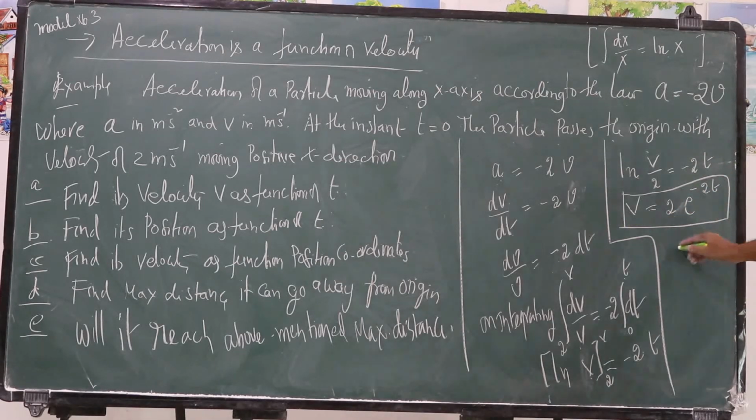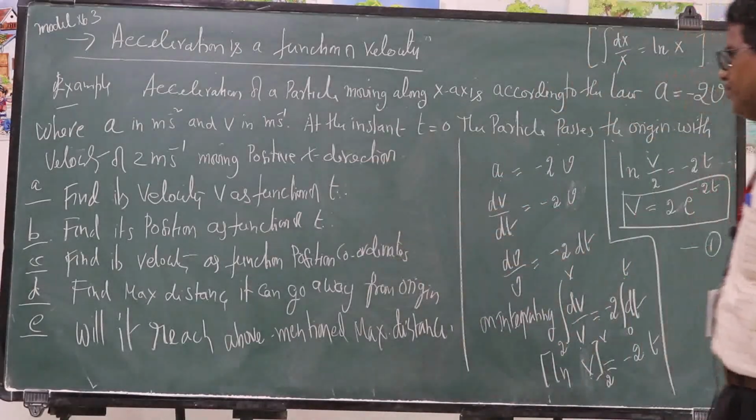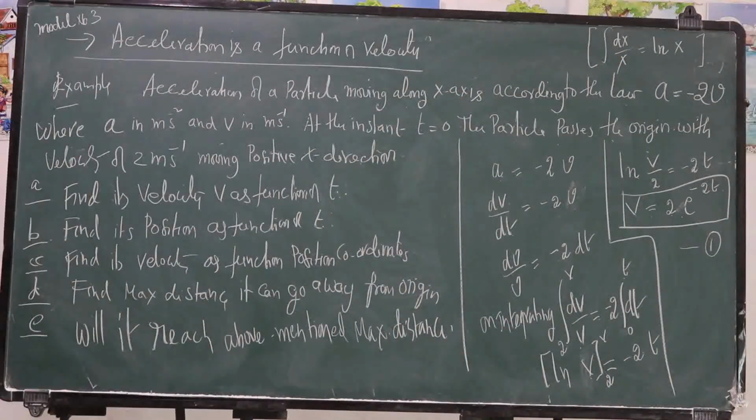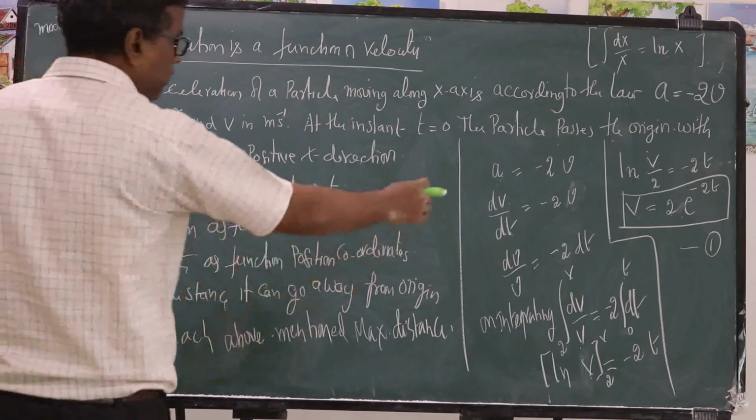You call it equation 1. So this is the answer for A, velocity as a function of t. This is the answer for the first question. Okay, next one.